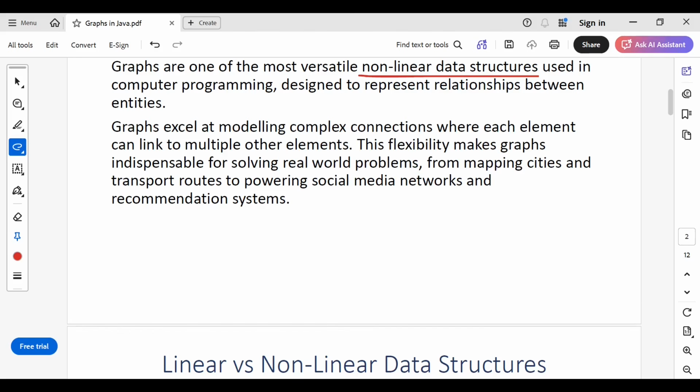Because of this flexibility, graphs are indispensable for solving real world problems. From mapping cities and transport routes to powering social media networks and recommendation systems, everything you can do with graph-based algorithms, right?